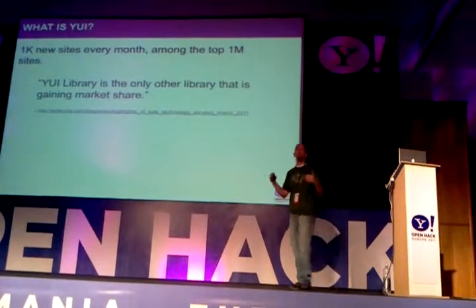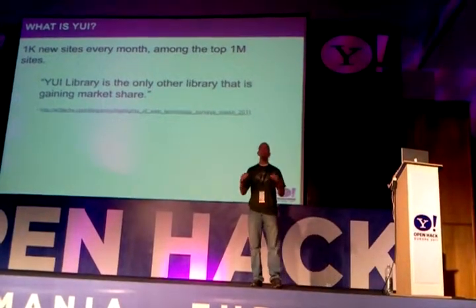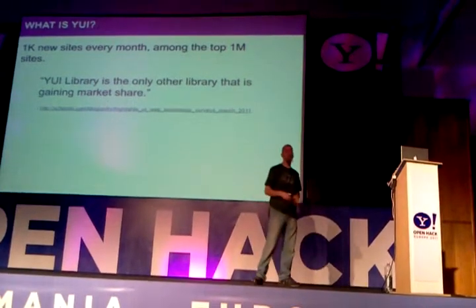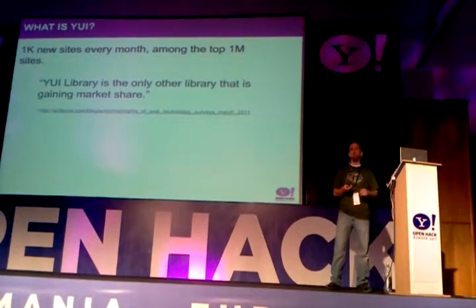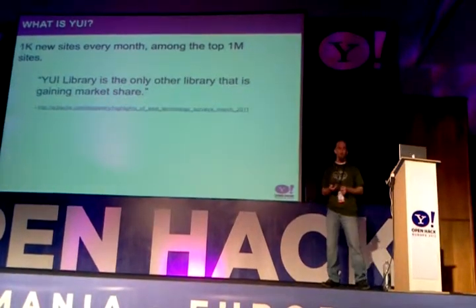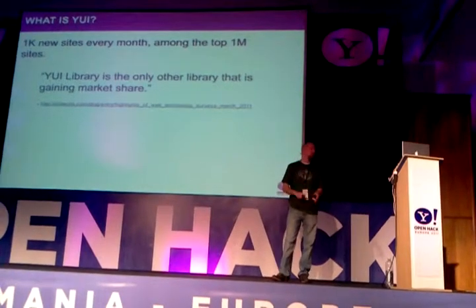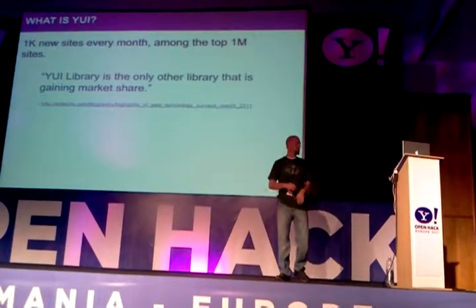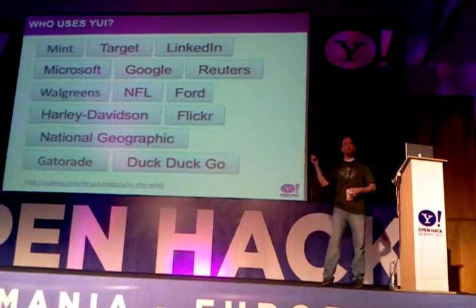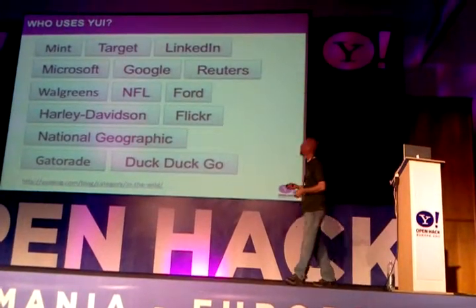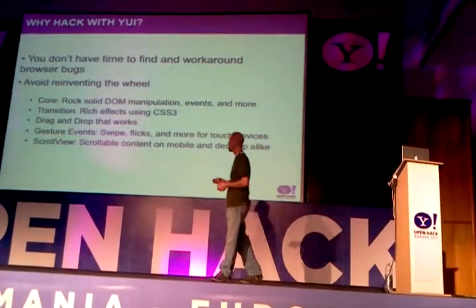So you want to build something fast, we can help you do that. You want to build something scalable, we can help you do that. You're familiar with some of the sites that use YUI, I'm sure, because you're here: Yahoo.com, mail.yahoo.com, Flickr, LinkedIn, and plenty of other sites as well, thousands more every day.